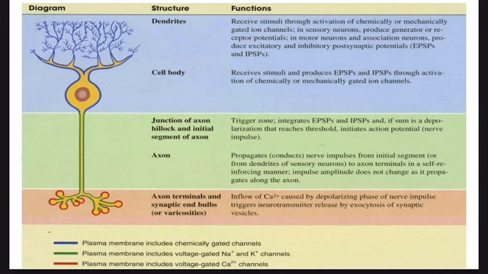We have dendrites, the branches like a tree that absorb information and give it to the cell body, then the junction of the axon, the hillock and the initial segment, which is here, and this is the axon. Lastly, the axon terminal and the synapse ends, which we call the bulb. What happens is you receive a stimulus through activation of a chemical or mechanical gate.